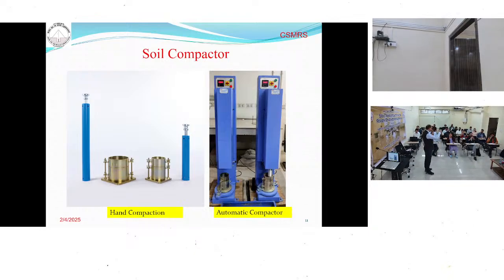But on the right side you can see an automatic compactor. Here the compacting rammer is inside the compacting machine. You have to put the soil in the mold. At the top there is a counter. After every 25 blows it stops by itself.